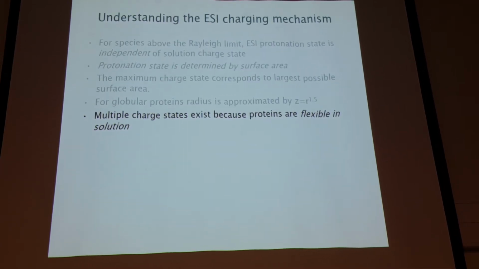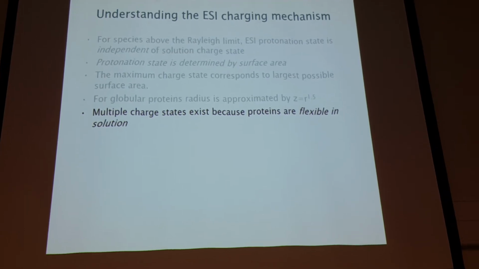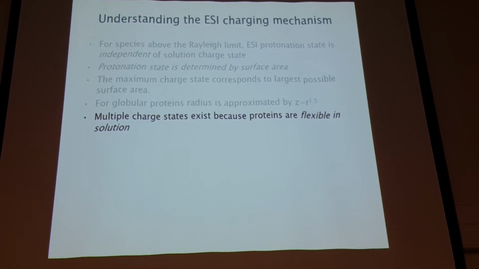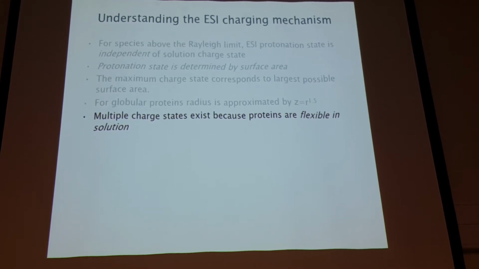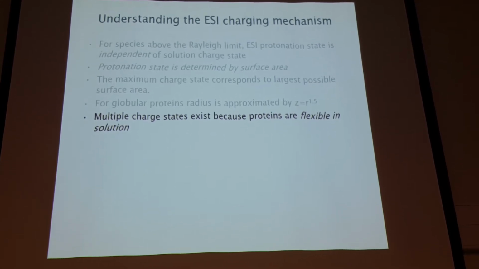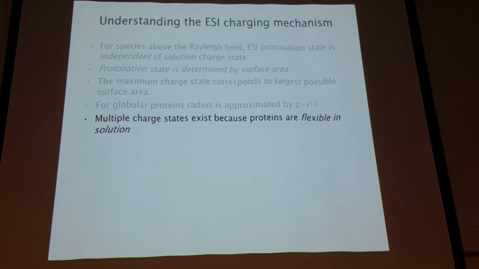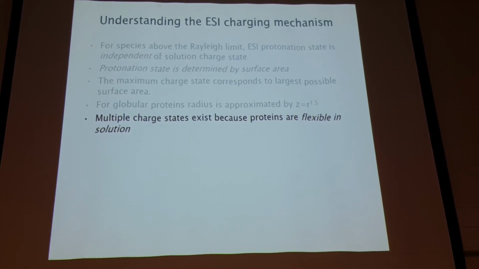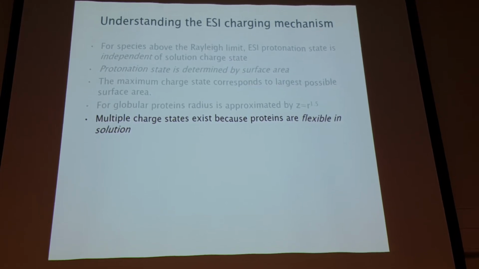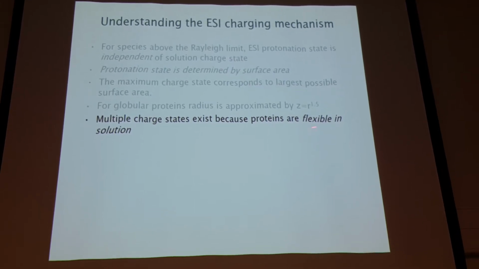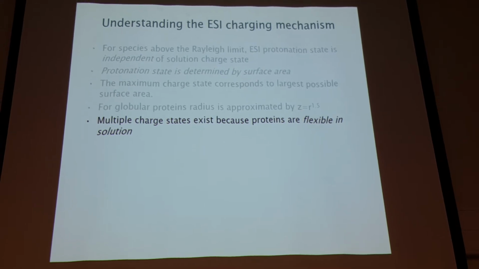So, going back to my original question on the KCTD, sorry, for the original native spectrum I showed you, why do you have multiple charge states in the first place? Why should you have multiple charge states for a single native species? Well, the reason you do is because proteins are flexible in solution.